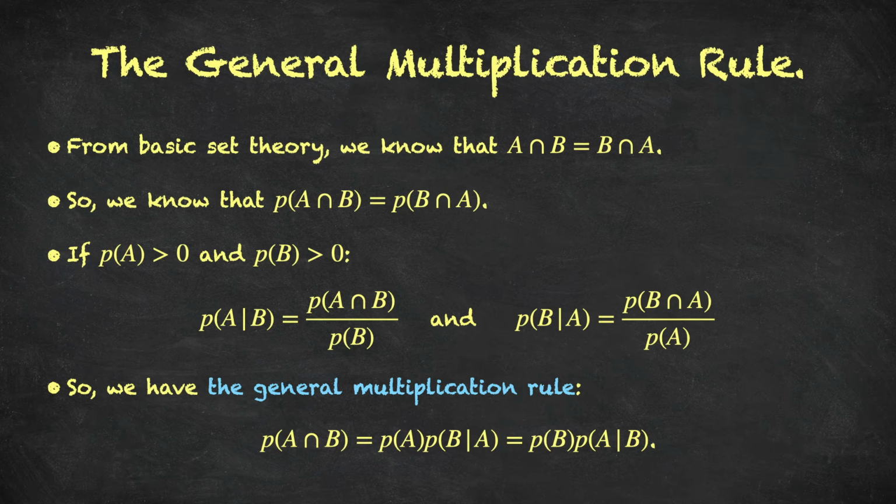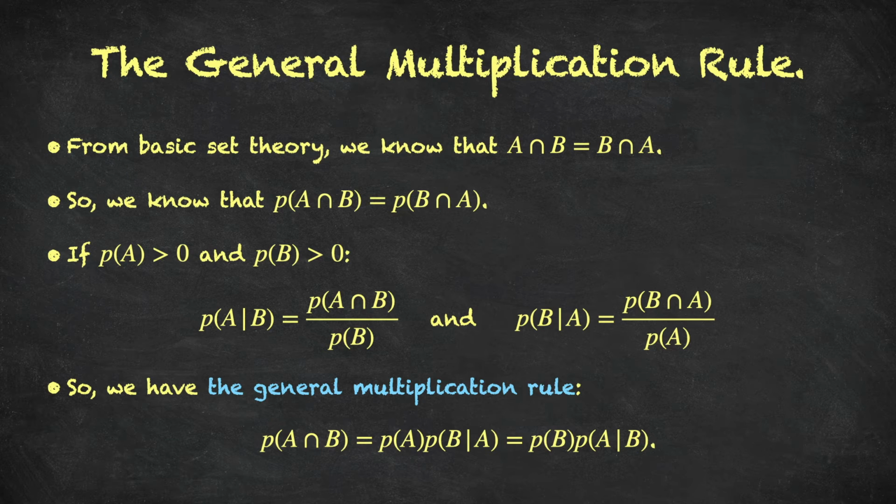So 1 plus 2 is exactly the same as 2 plus 1. So we know that the order of this intersection doesn't matter, which means that if we had a probability measure P and we plugged in the intersection of A with B, or the intersection of B with A, the same number should pop out because they are the same sets.